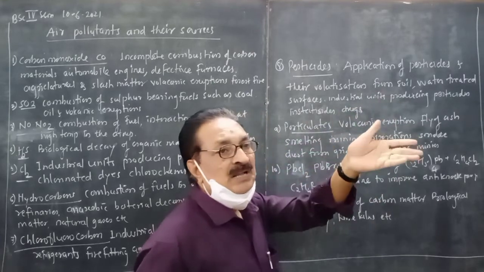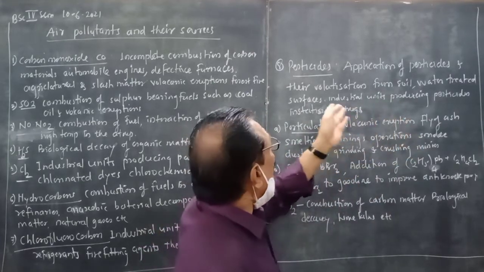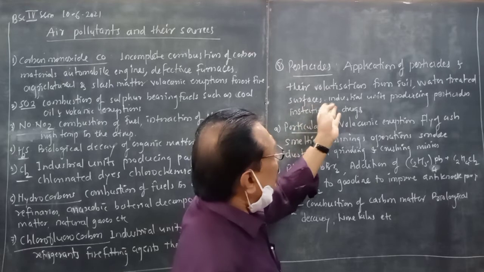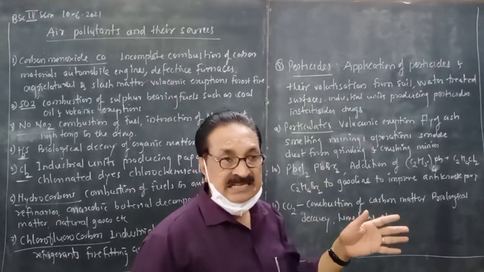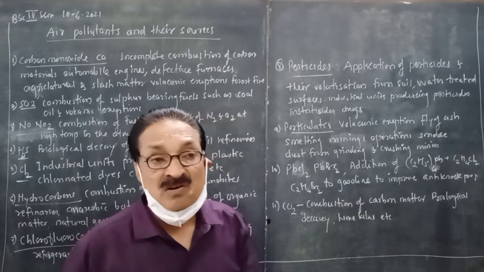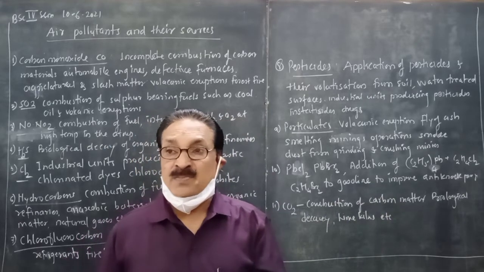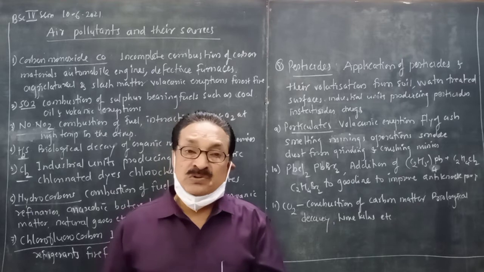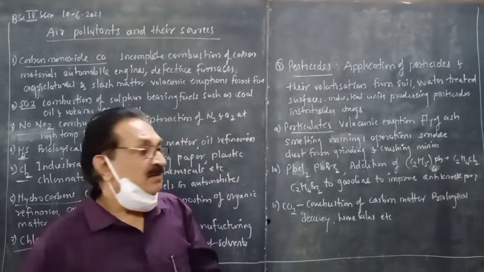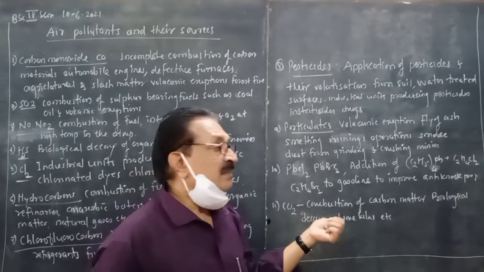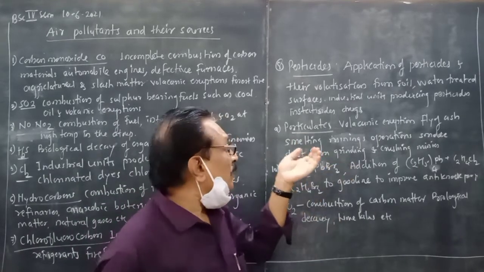Even from water treated surfaces and industrial units producing pesticides, insecticides, and drugs, different types of unwanted gases are coming outside. That also is due to human activities, and we play the major role in polluting the areas.